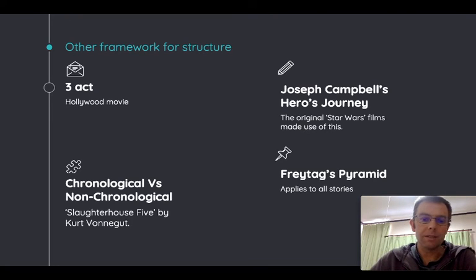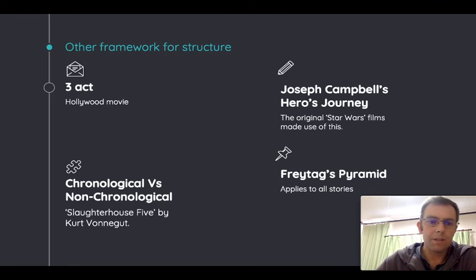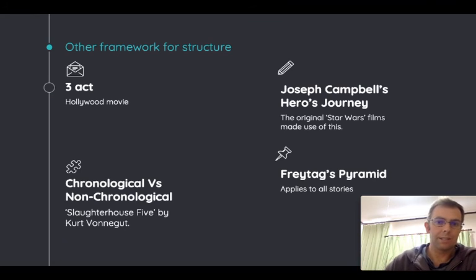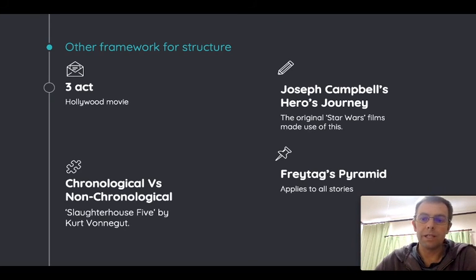This is a really common way of looking at structure for some Netflix series at the moment. And also a few movies will start with the crisis or the climax moment and then go back to, well, how did we get to this horrible point in time, and then start the story from earlier in time.